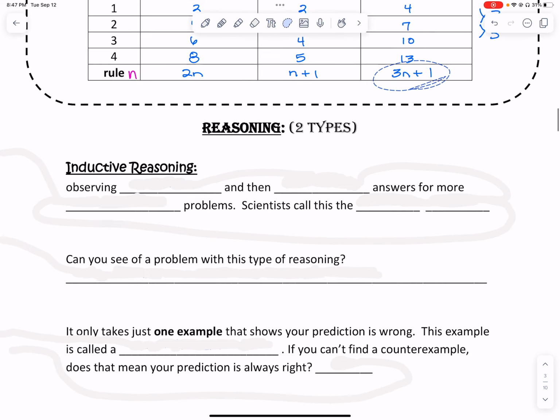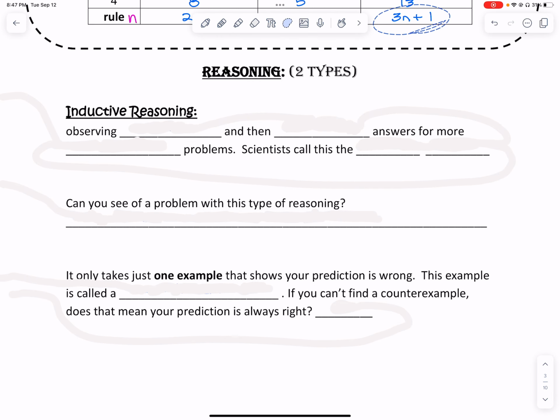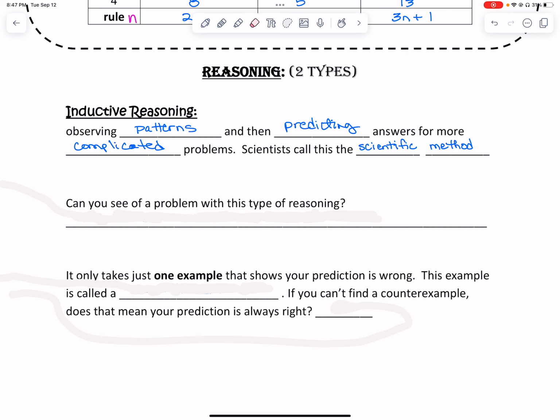All right. Okay, so we need to talk about different kinds of reasoning. We've got what's called inductive reasoning. Inductive reasoning is when you observe patterns and then you predict the answers for more complicated problems. Scientists call this the scientific method.